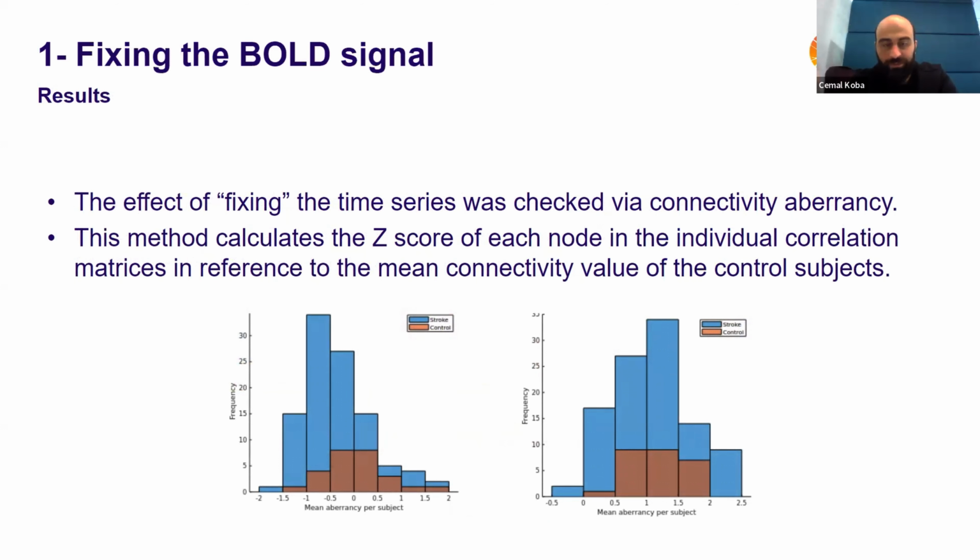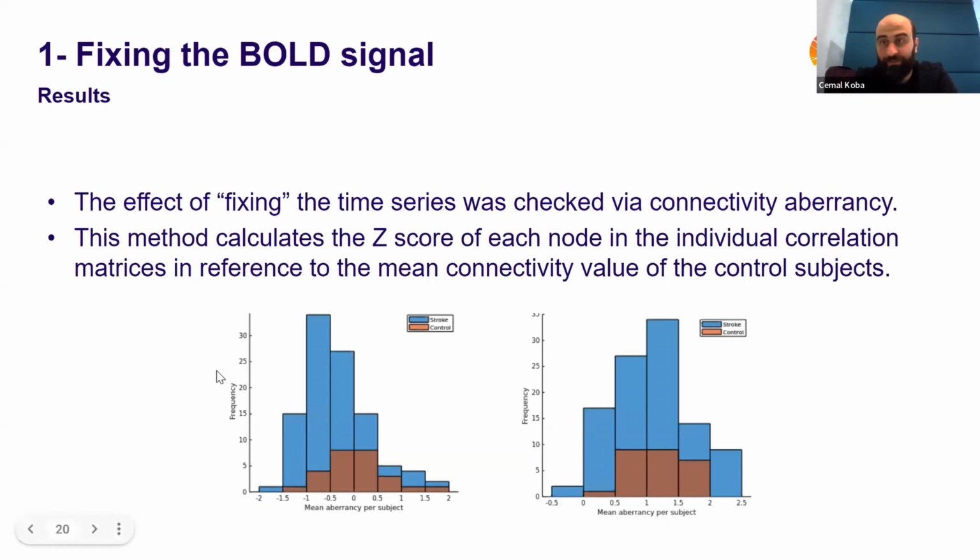To be more clear, first we calculated the mean correlation value of a node. And then for each subject, we check the standard deviation of the same node, and whether it is 2 standard deviations away from the mean or not.